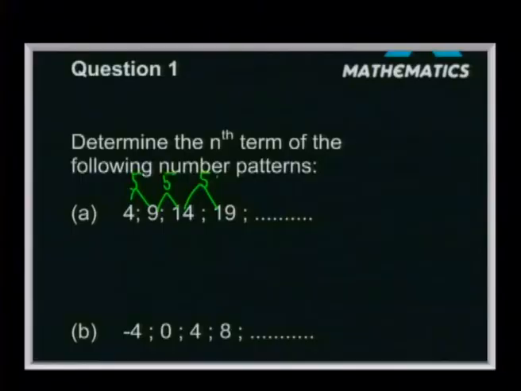So once you have decided what sort of number pattern you're dealing with, you now select the formula that you're going to be using. And the appropriate formula in this case is Tn is equal to a plus n minus 1 d. And that is the formula to get the general term for arithmetic or linear. So a stands for the first term, so my first term is 4.